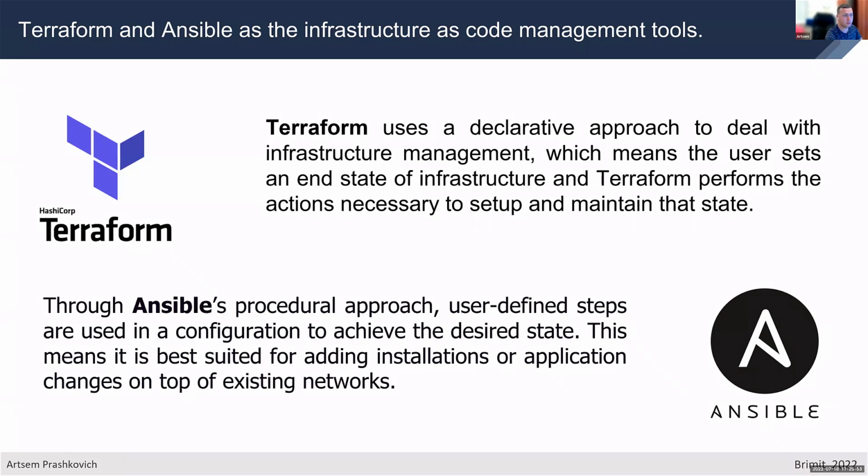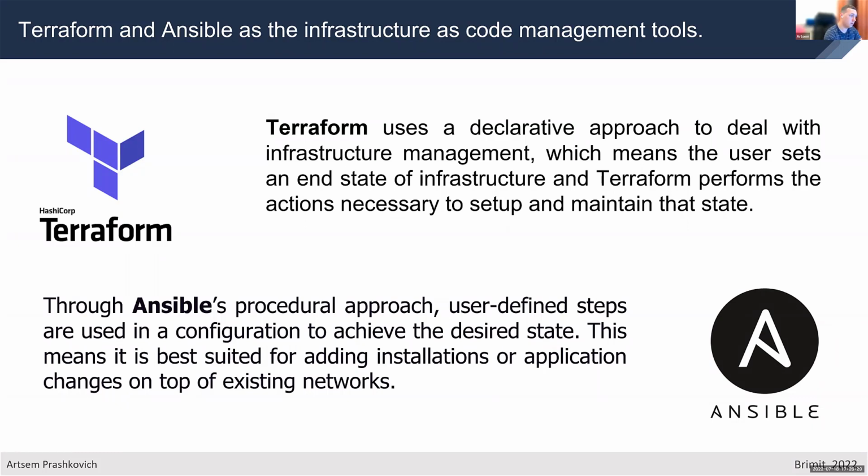Terraform uses a declarative approach to infrastructure management, which means the user sets the end state of infrastructure in Terraform, and Terraform performs the actions necessary to set up and maintain that state. So you create some configuration, and in the configuration files you describe what you need as a result of execution, and based on this configuration, Terraform performs the steps required to achieve that.